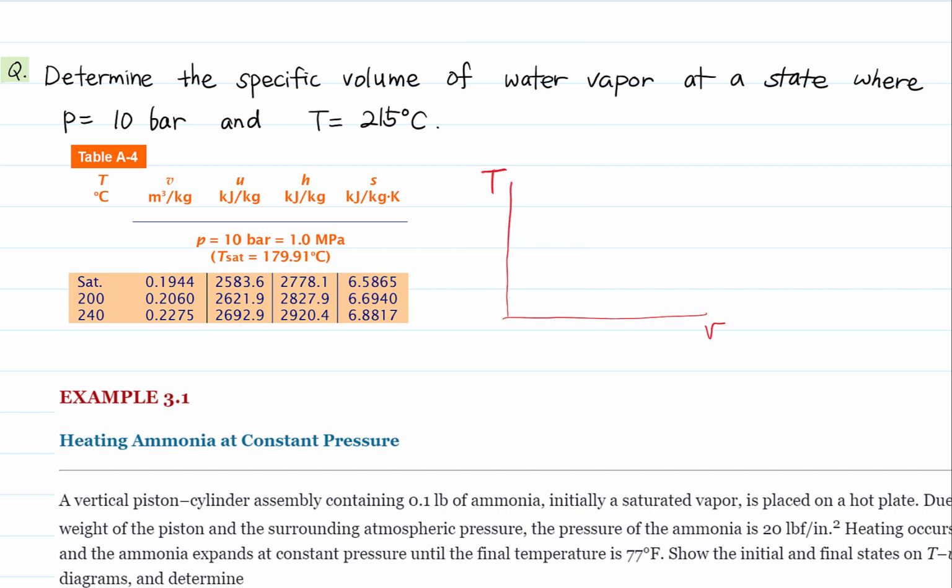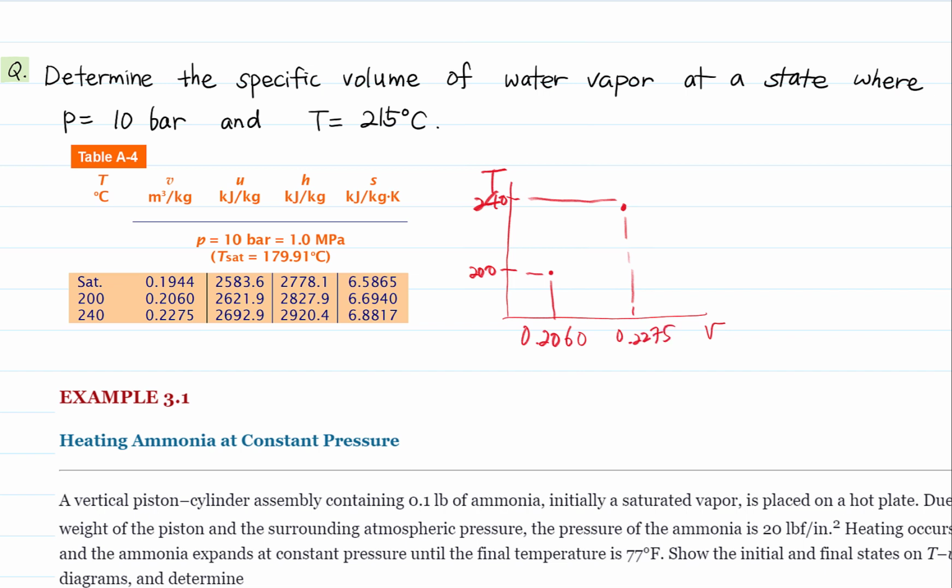At 200 degrees Celsius, specific volume is 0.2060. At 240 degrees Celsius, specific volume is 0.2275.